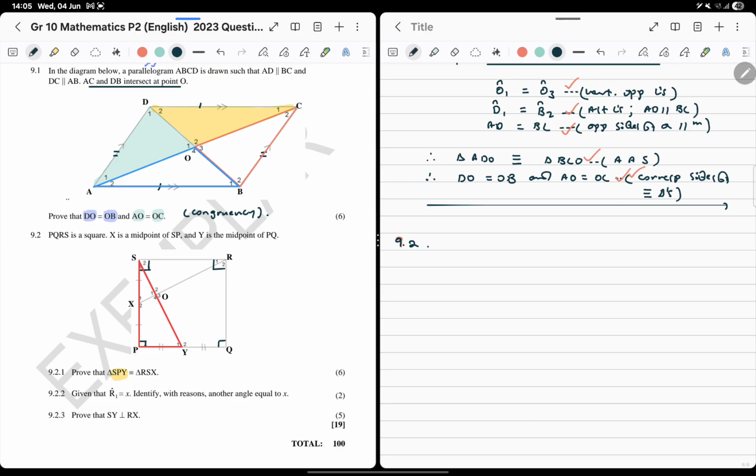It's that angle of a triangle there. RSX. This one. All right, so those 2 triangles. So this one and that one. So how are they congruent?